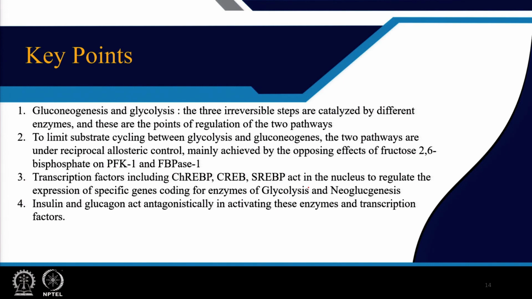Then, to limit cycling between glycolysis and gluconeogenesis, these 2 pathways are reciprocally regulated by allosteric mechanisms, mainly achieved by the opposing effects of fructose 2,6-bisphosphate, which regulates phosphofructokinase 1 and fructose bisphosphatase 1 activity.